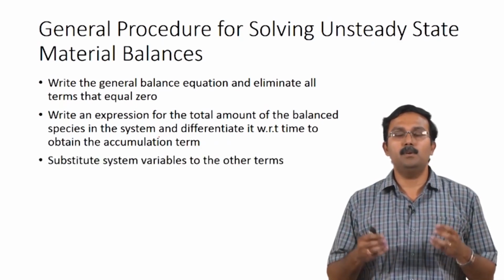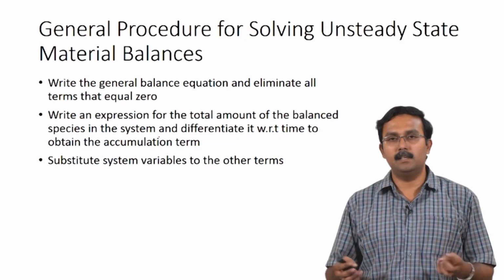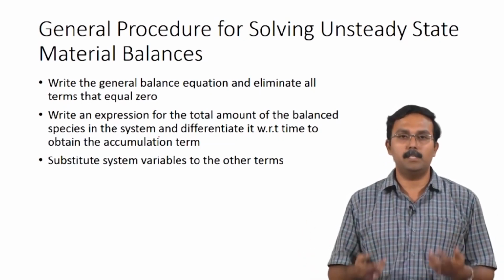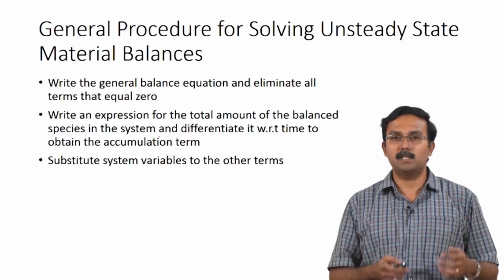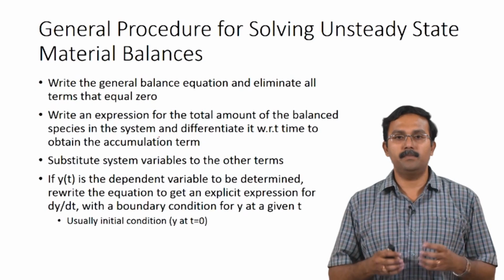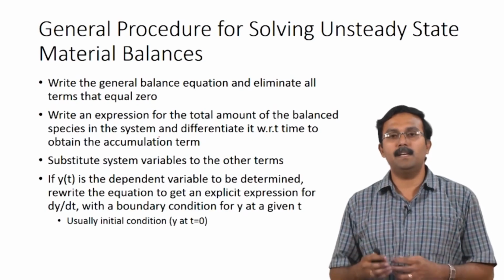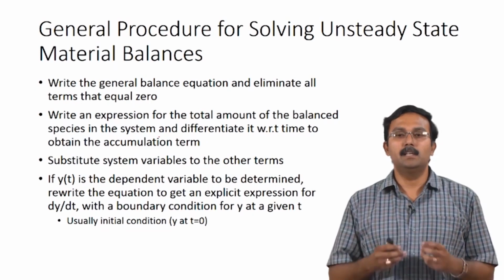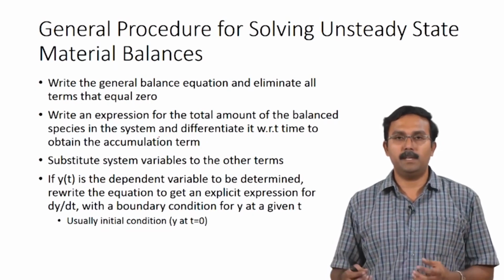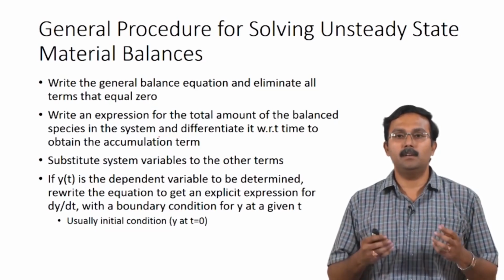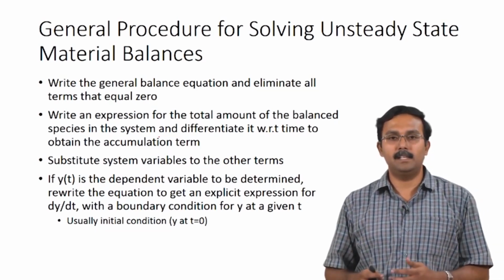You are asked to substitute the system variables to the other terms, basically the input, output, generation and consumption terms need to be substituted based on information which is available. If there is a function of time, if something is actually y of t, a dependent variable to be determined, then you rewrite the equation to get an explicit expression for dy by dt with a boundary condition for y at given t.